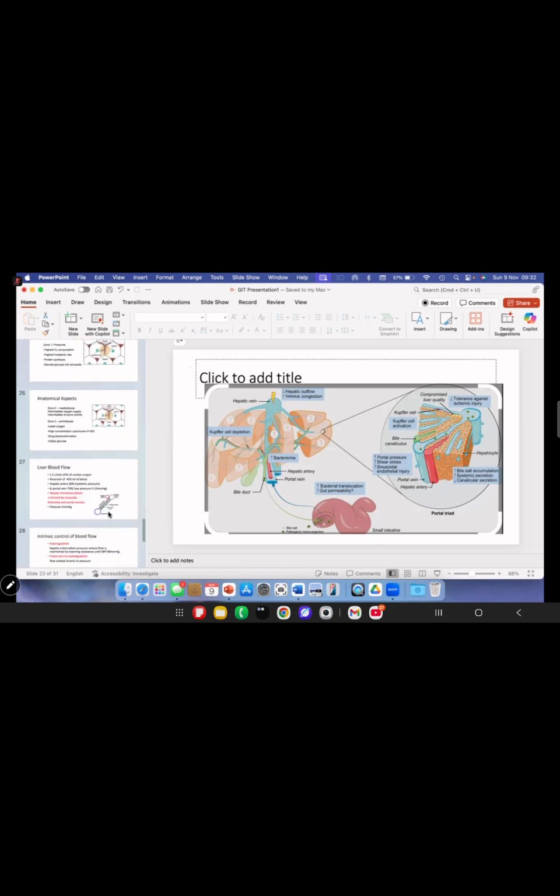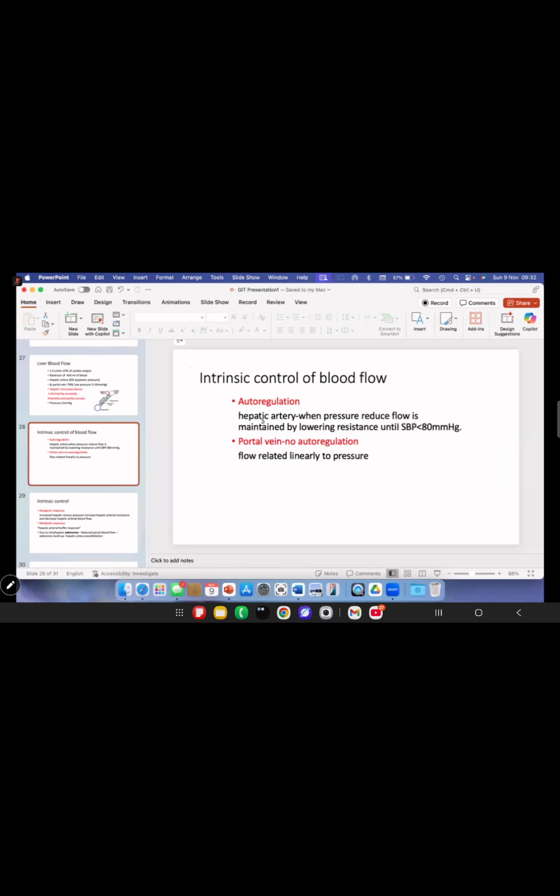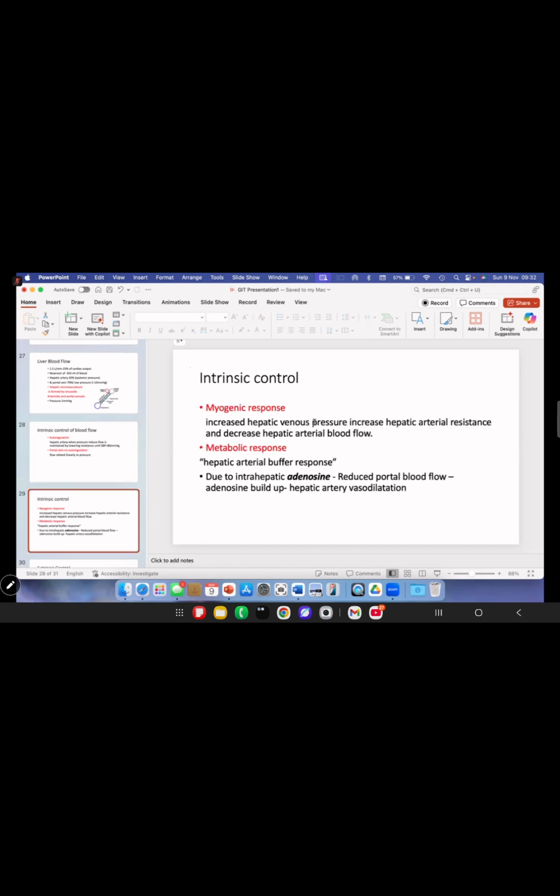The hepatic artery has very good autoregulation. When pressure reduces, flow is maintained by lowering resistance. Okay, that's autoregulation. And the portal vein has no autoregulation, right?